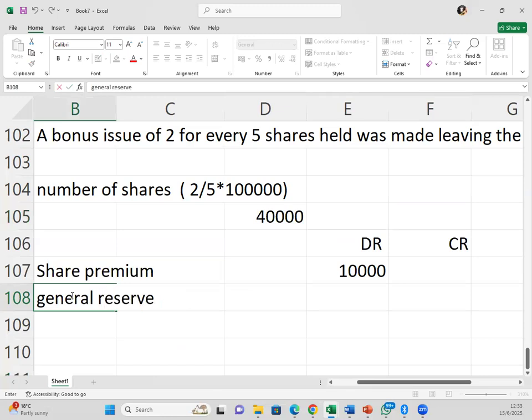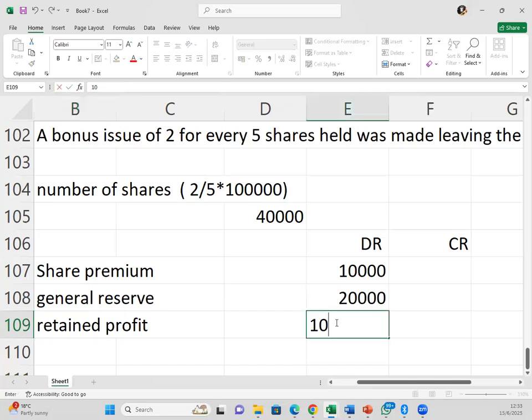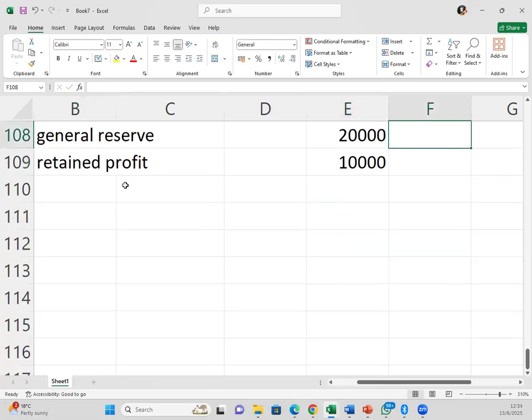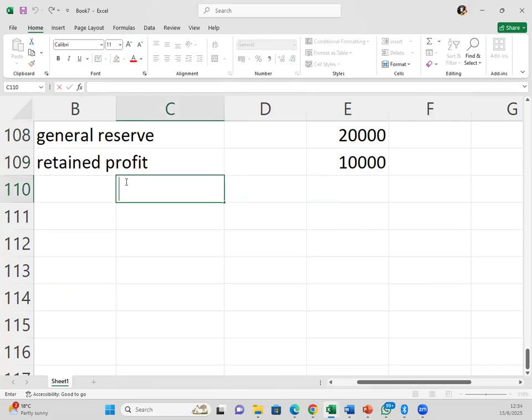If the money was enough from the share premium, we didn't have to move to the next reserve. General reserve is 20,000. Again, still, it's not enough because we want 40,000. So we move to the next reserve, which is retained profit. But in retained profit, we are not going to take the whole of 30,000. How much are we left with now? 10,000. So in retained profit, you're just going to take the remaining 10,000 to make it 40,000. So in this case, we have left the reserves in their most flexible form.